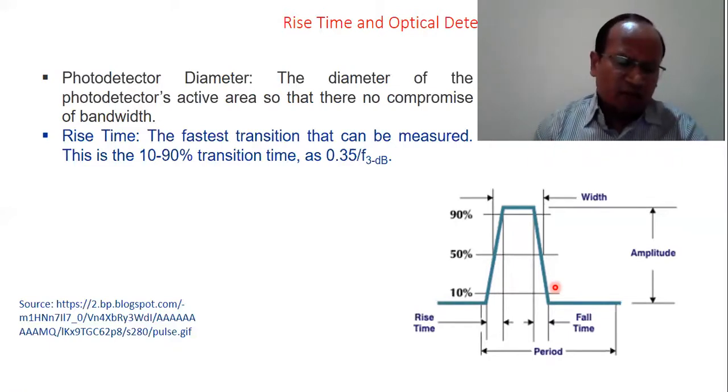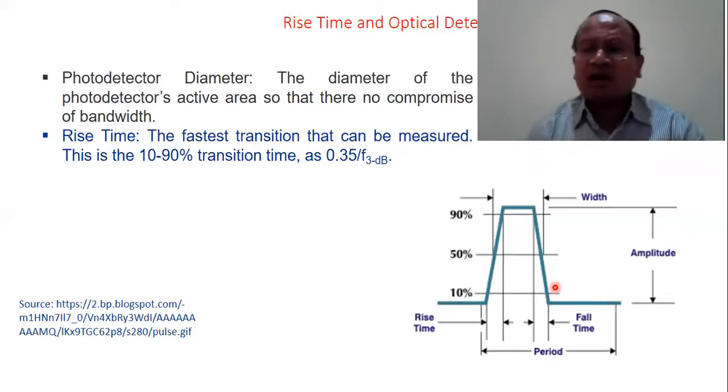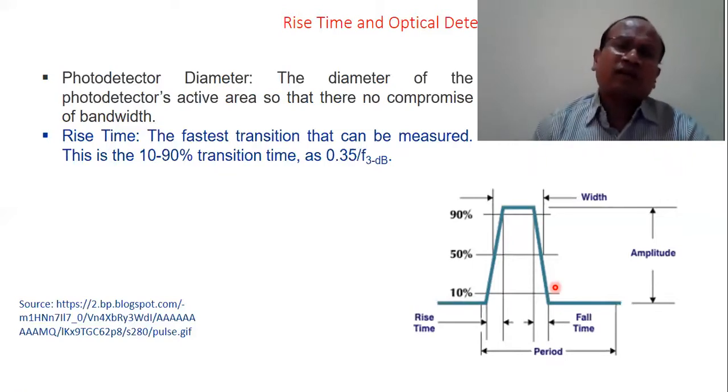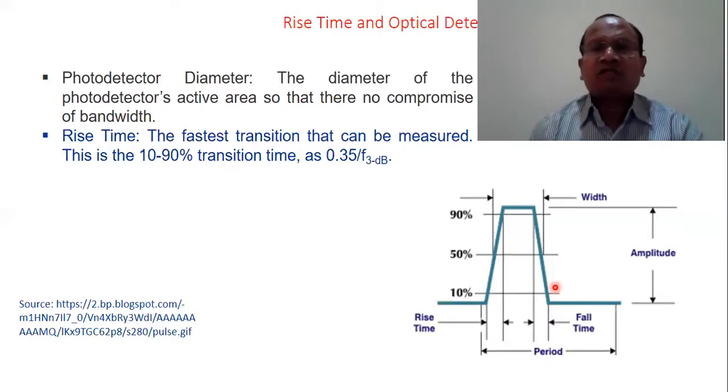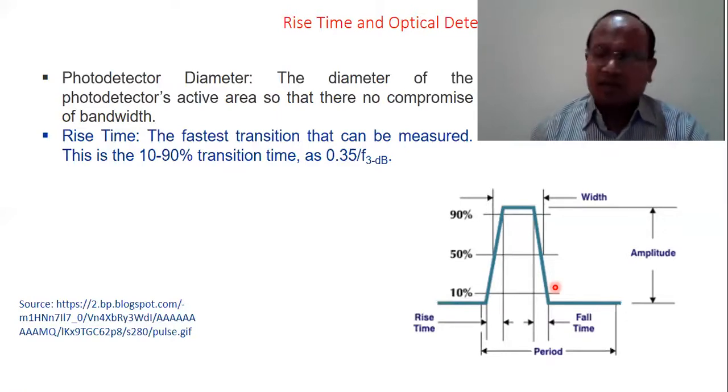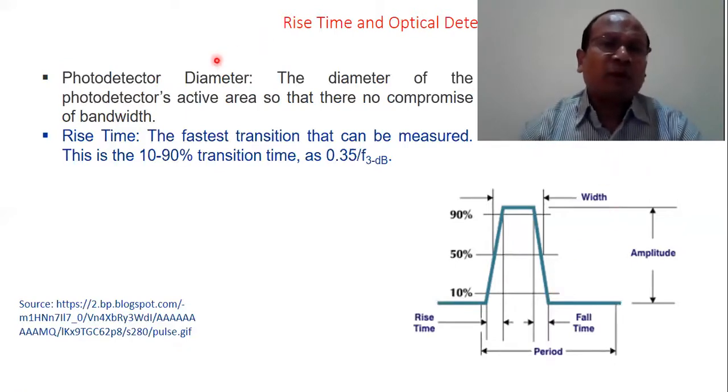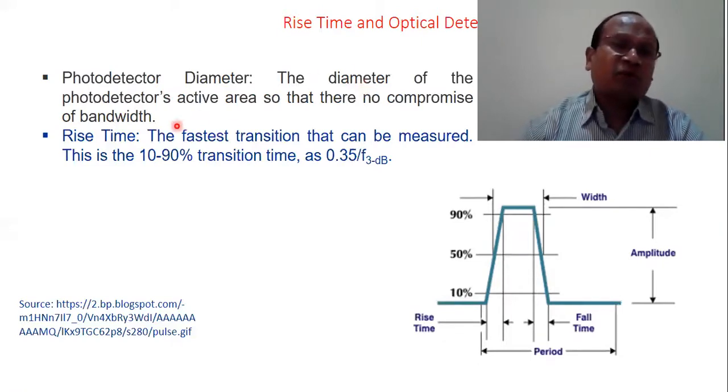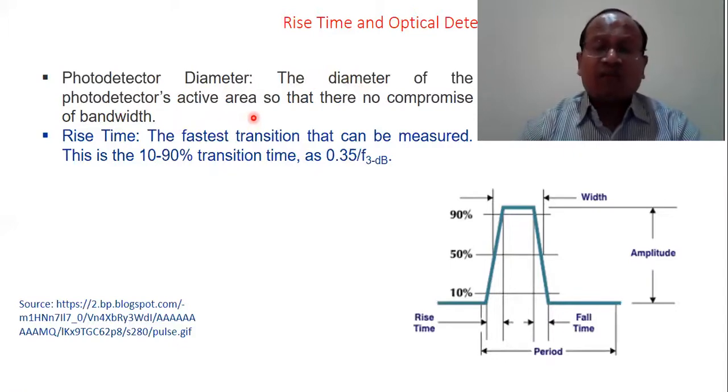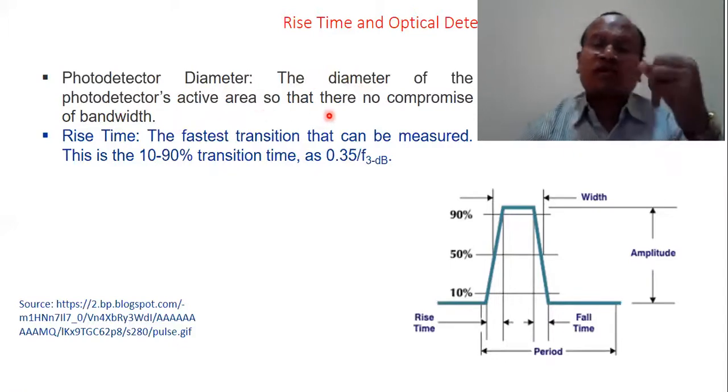So rise time and fall time are also important parameters in deciding the quality of the optical detector which is used. There is one more parameter, the photodetector diameter, the diameter of the active area, so that there is no compromise on bandwidth.